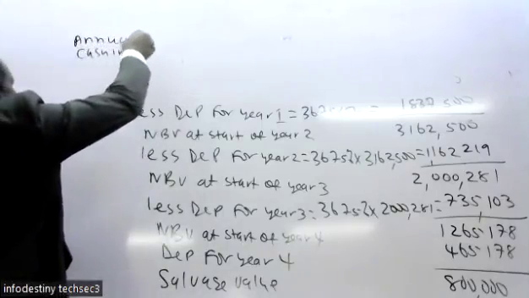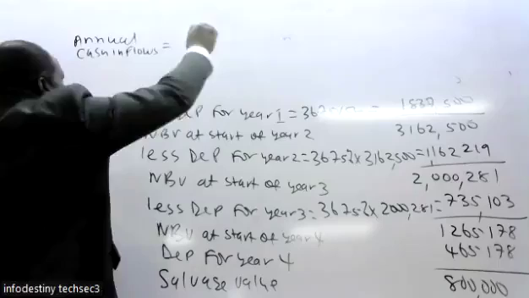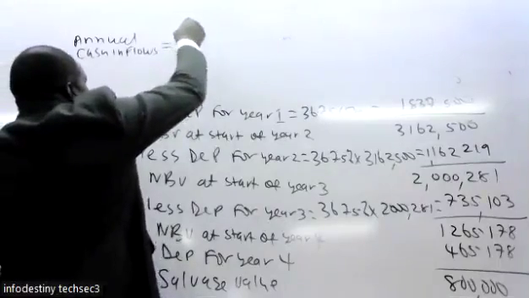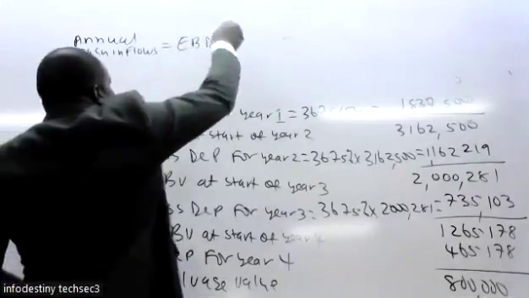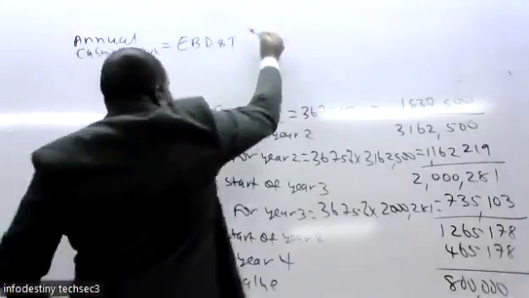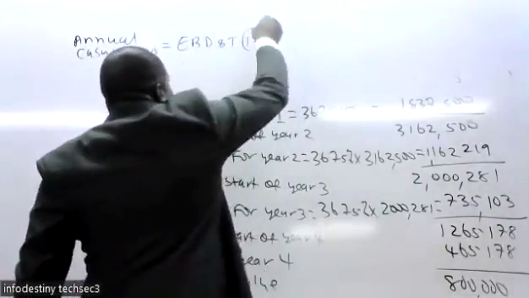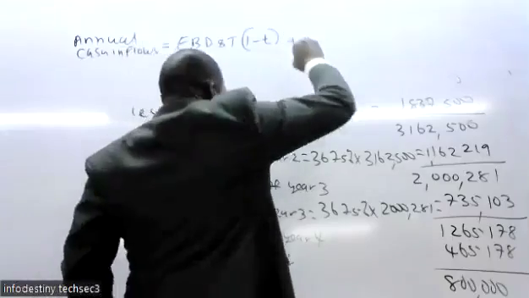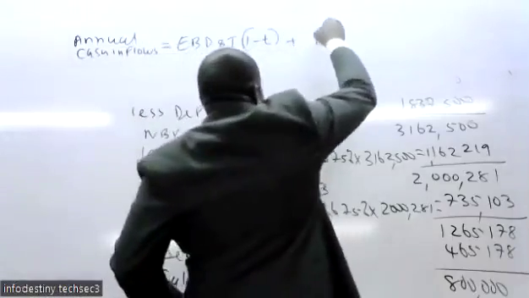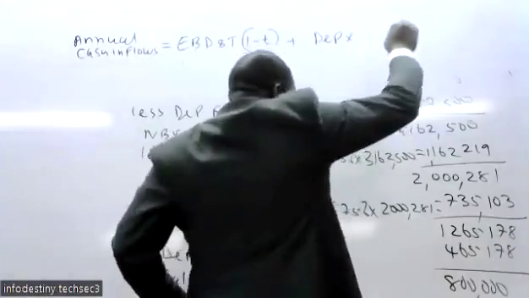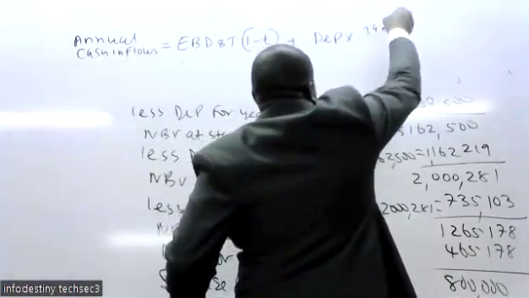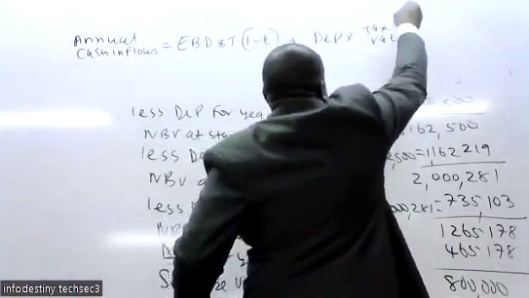The annual cash inflows will be given by earnings before depreciation and the tax, multiplied by 1 minus the corporate tax, then we add depreciation multiplied by the tax rate.